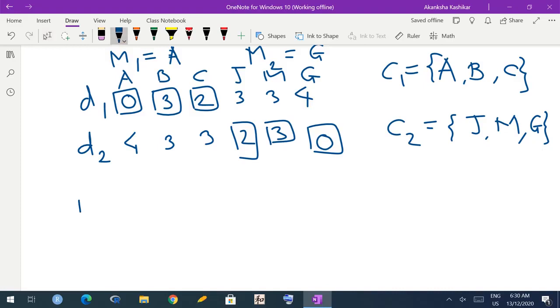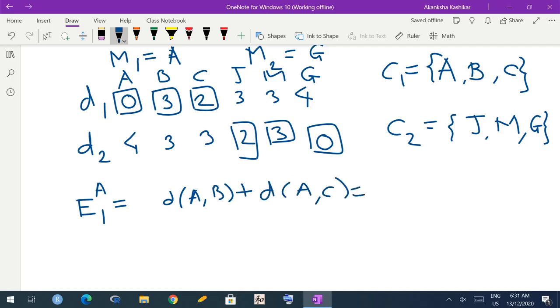Okay. So error of first cluster with respect to say apple as a medoid would be distance between apple and banana plus distance between apple and chiku.